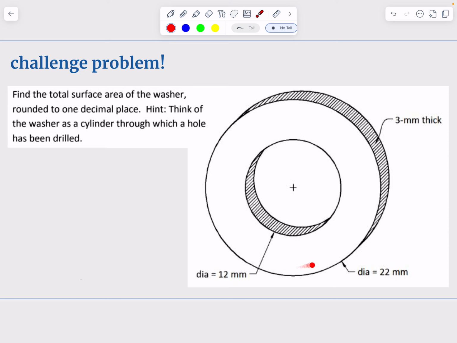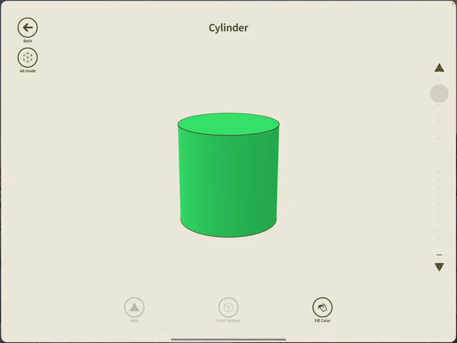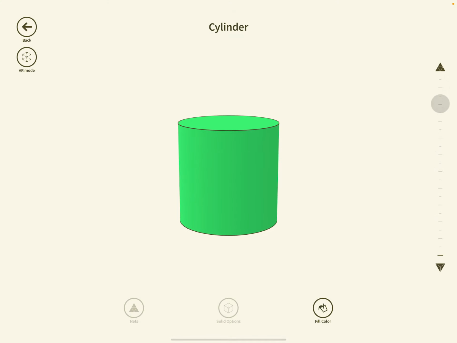There's an outer wall, and then there's an inner wall. In class, we looked at how you can unfold a shape and think of its different parts. Let's just for a second forget about the hole in the middle of this cylinder. We could take a look at what a cylinder looks like when we flatten it out.